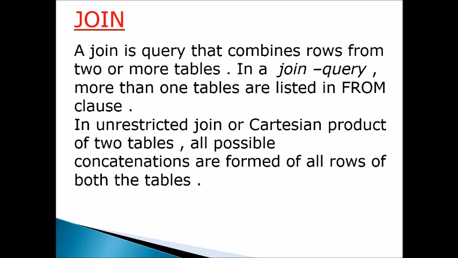In an unrestricted join or Cartesian product of the 2 tables, all possible concatenations are formed of all the rows of both the tables. So each row of table 1 will form a record with each row of table 2, if there are 2 tables on which the Cartesian product is being applied.